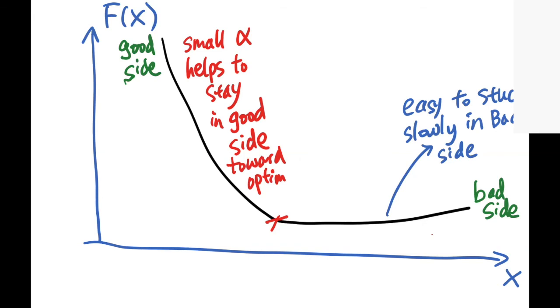If you start on a good side, try to control the learning rate alpha to help yourself stay there. Because if you go to the bad side, you will be stuck there a very long time, since the gradient is so small, and it's harder to jump out.